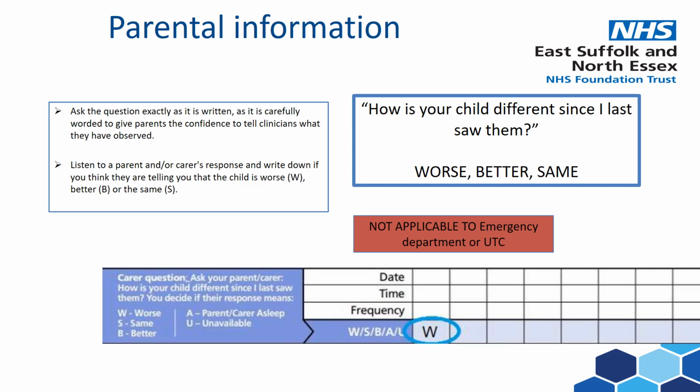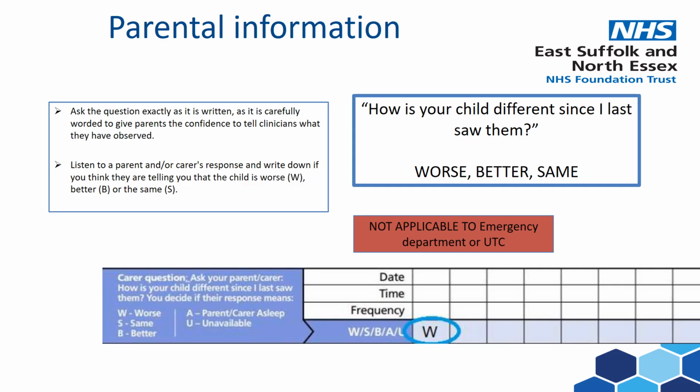So if after you've started treatment and they happen to be in with you for longer than you would expect, the parent is still saying to you, "I'm concerned about my child. I think they're deteriorating. I'm really worried about them. I think they need to be seen by a doctor. I think they need to go to hospital," then we need to be listening to those opinions.